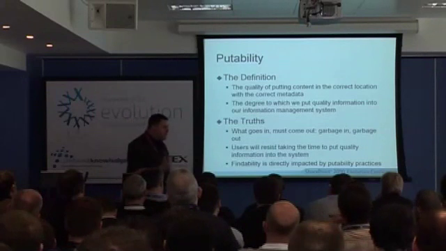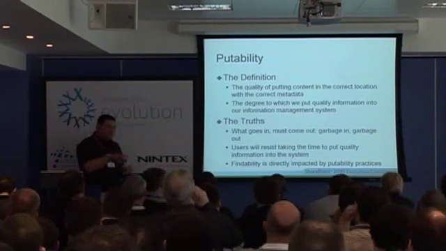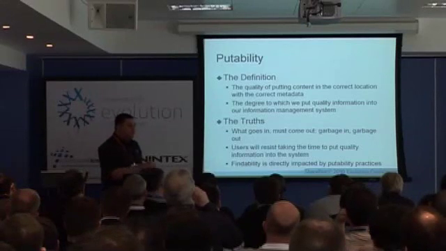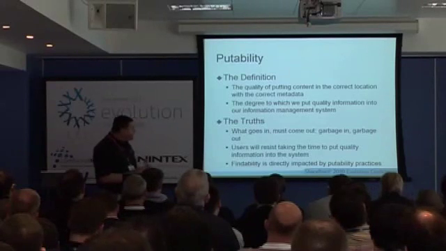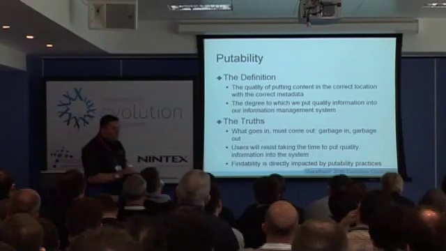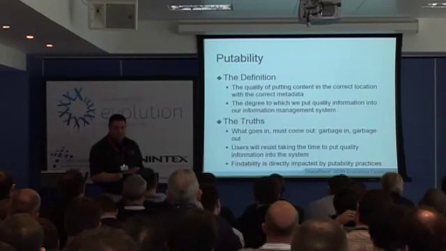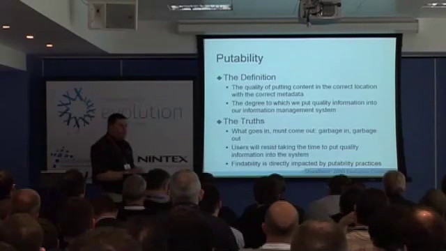We know we can create views, we can do sorting, we can do filtering on that metadata. But the metadata has to be there and accurate before we can do that. It's also the degree to which we put quality information into the system. It's not just technology that's going to help you with that.